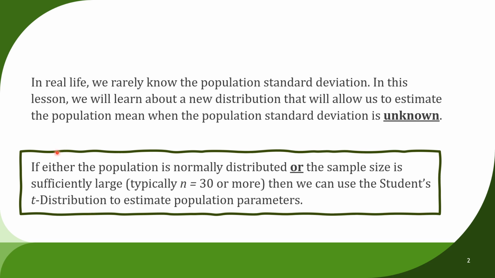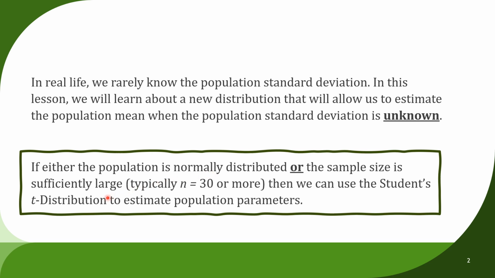All right, so here's a little breakdown of when we are allowed to use the student's T distribution. It says if our population is normally distributed, so if you have some background knowledge about what we call the sampling distribution of the variable, and you know that that's normally distributed, then you're allowed to use the student's T distribution.